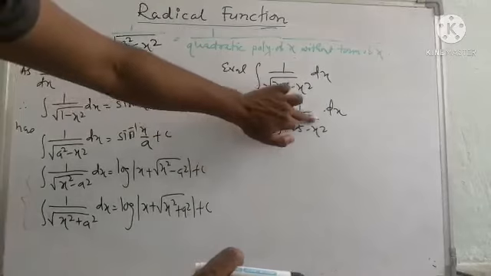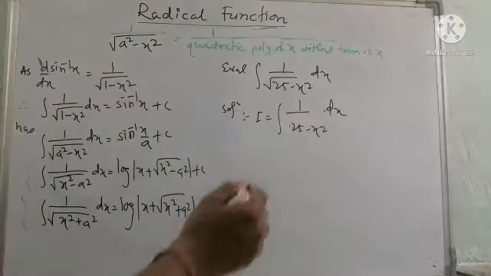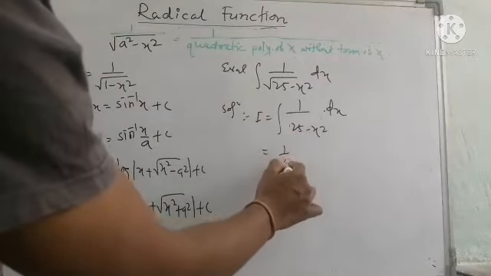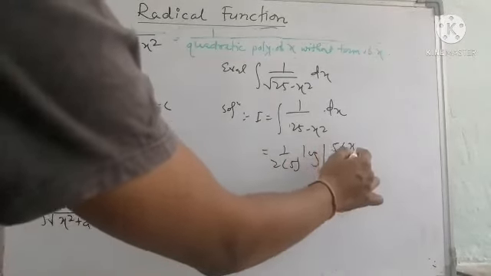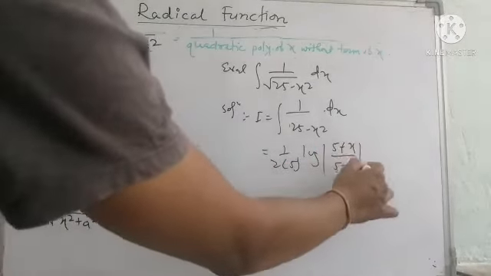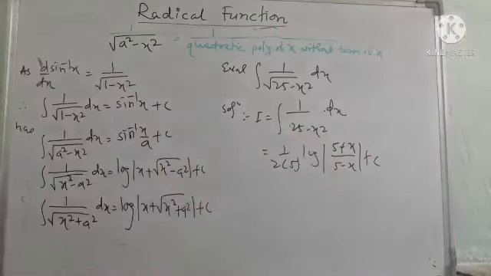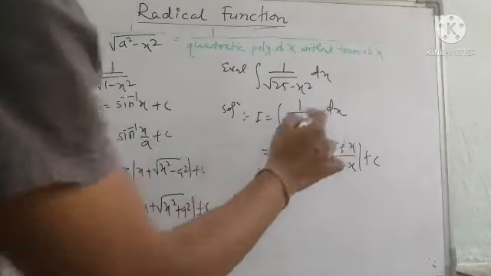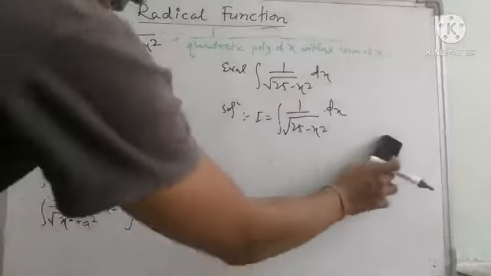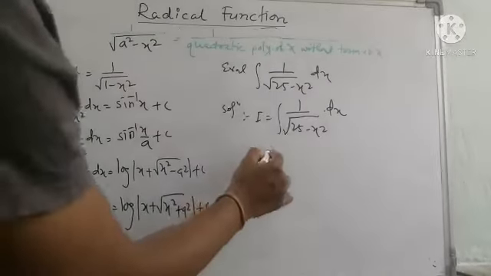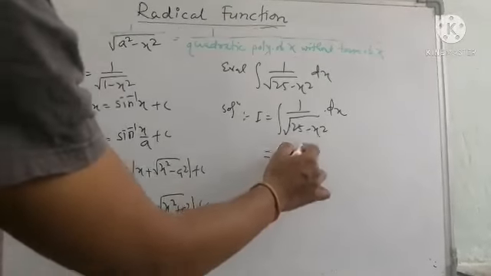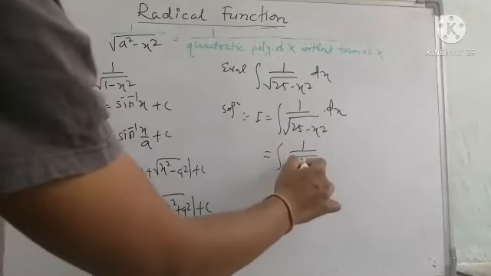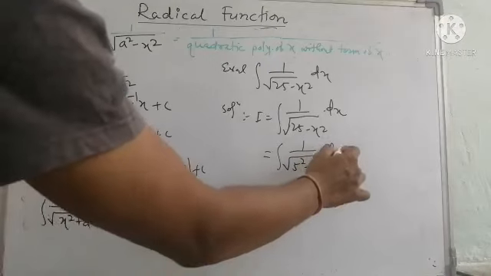If it is without root, then its integration will be, as the radical is 5, 1 upon 2 into 5, log of mod of (5 plus x) divided by (5 minus x), plus c. But in this example the denominator is in a root, so we have to use the other formula. Now 25 is a constant which is the square of 5, so 5 square minus x square.